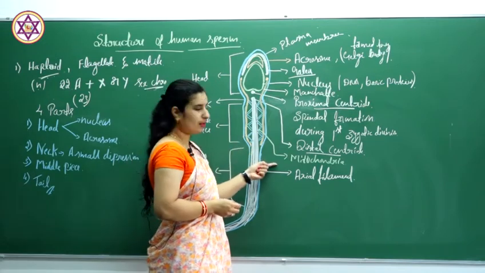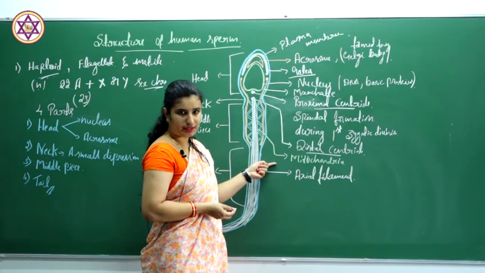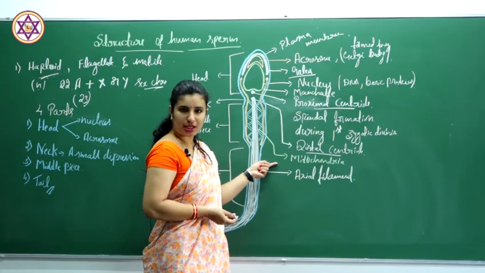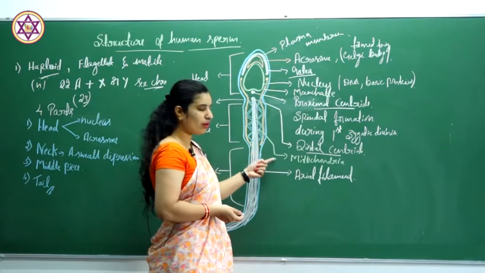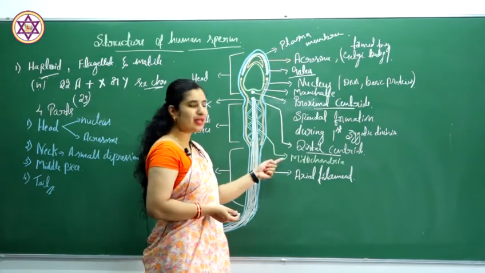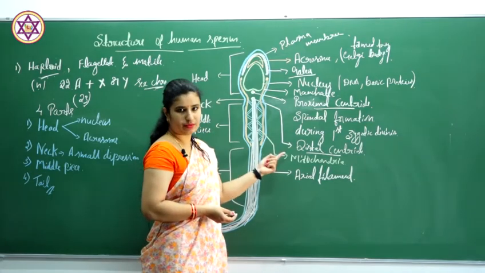Then the next is this mitochondria, as we all know, it provides energy to the tail for the movement. Mitochondria is the powerhouse of the cell, isn't it? So it provides energy to the sperm or the tail to move rapidly.